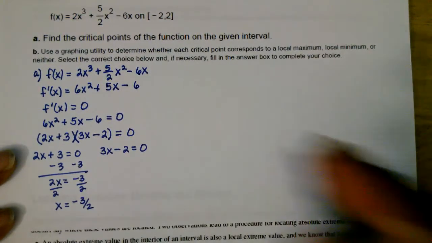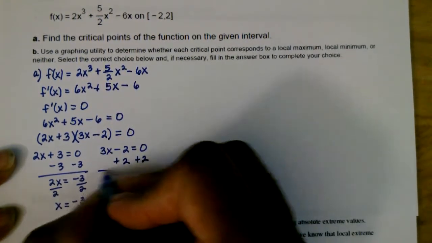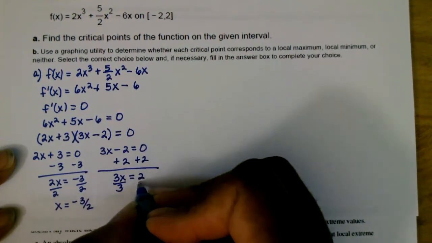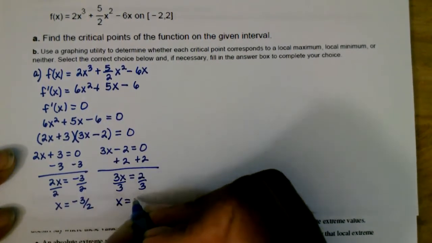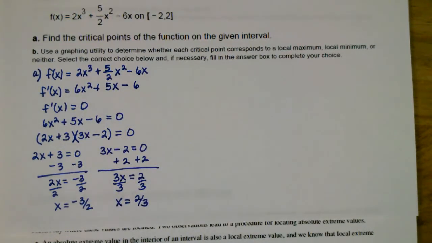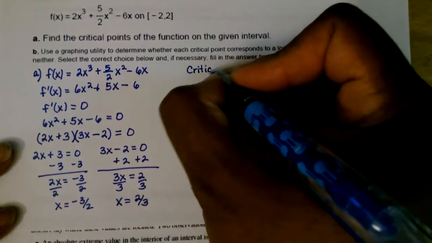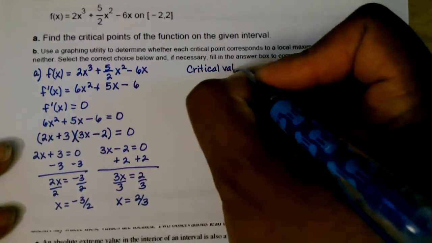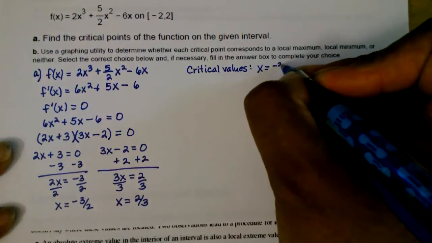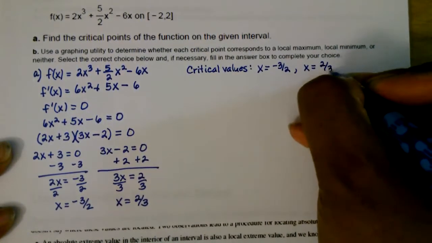And then for 3x minus 2 is equal to 0, if I add 2 to both sides, you'll get 3x is equal to 2. Divide by 3, you'll get x is equal to 2/3. So these are my 2 critical values here: x is equal to -3 halves, and the other one will be x is equal to 2/3.